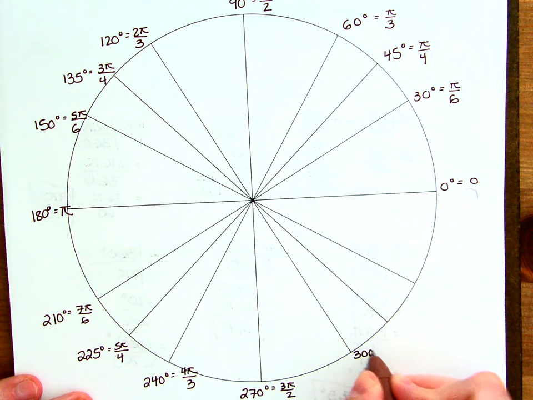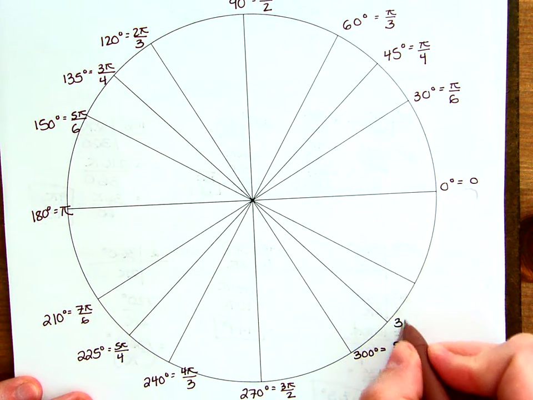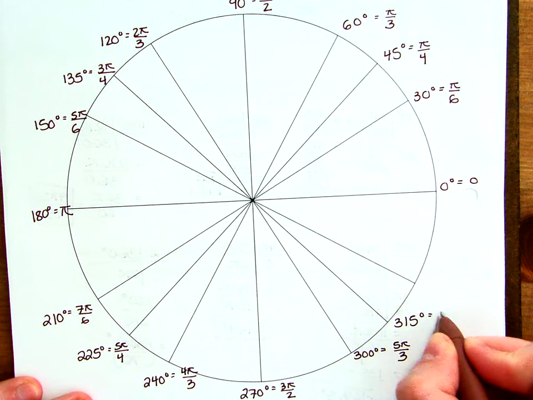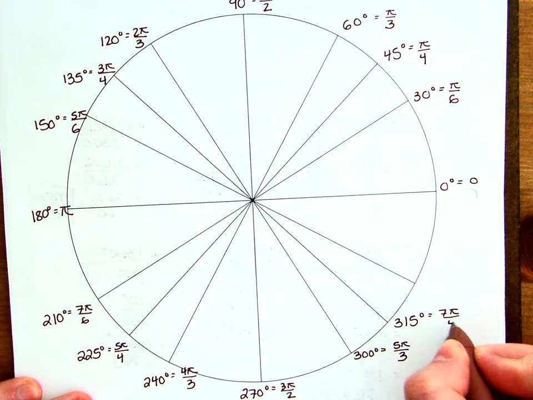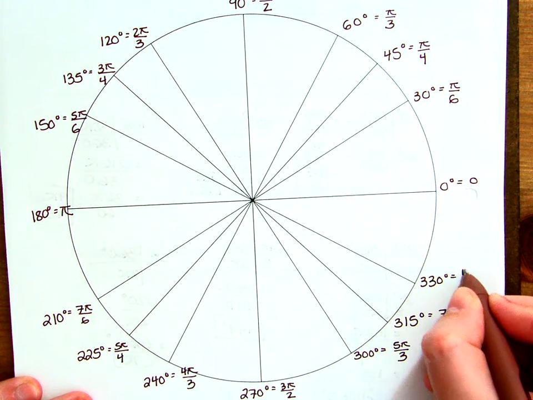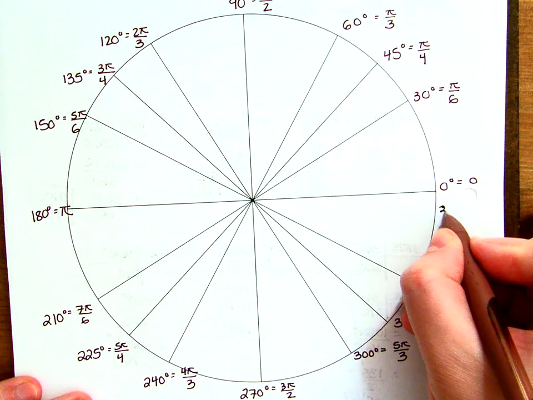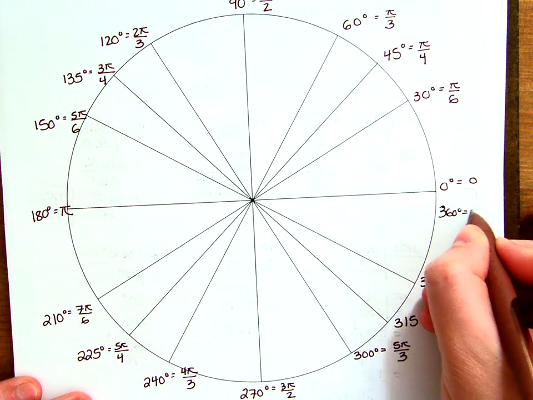Coming over here, 300 degrees is 5 pi over 3. 315 degrees, 7 pi over 4. 330 degrees equals my favorite angle in radians, 11 pi over 6, the only one that's a 2-digit number up top. And if we go all the way around, of course, 360 degrees is 2 pi.